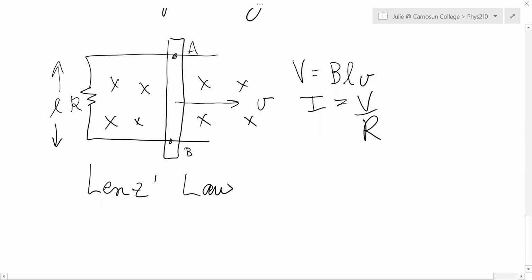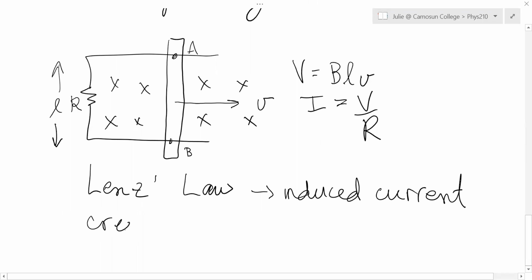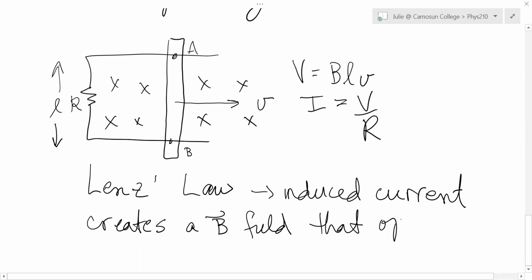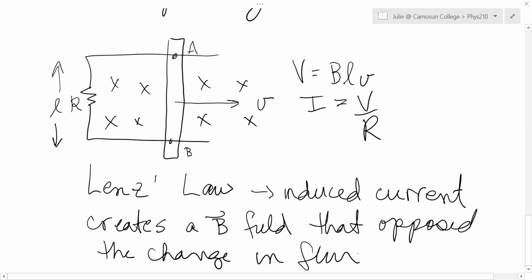And what Lenz's law basically says is the induced current creates a B field that opposes the change in flux. What that means is if you have a loop of wire, so this up here, around, down, across, there's a loop.